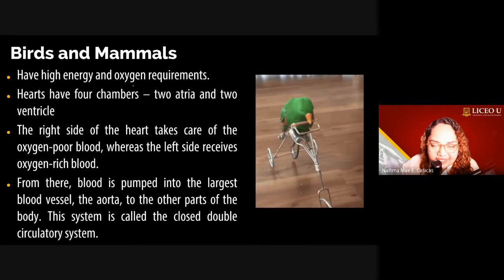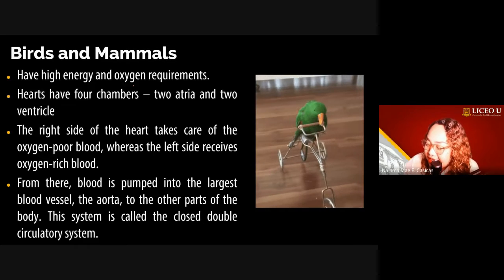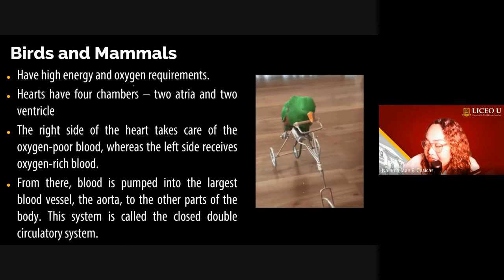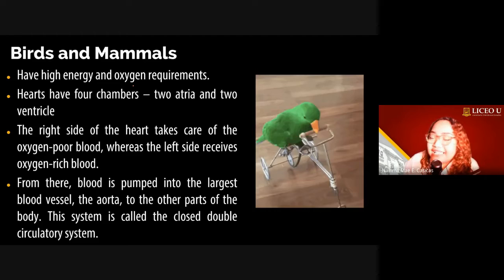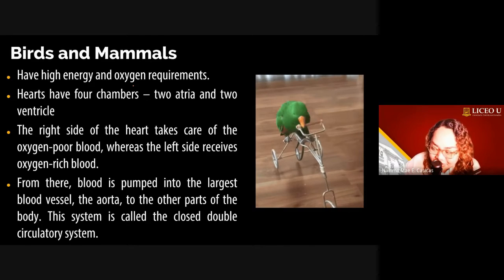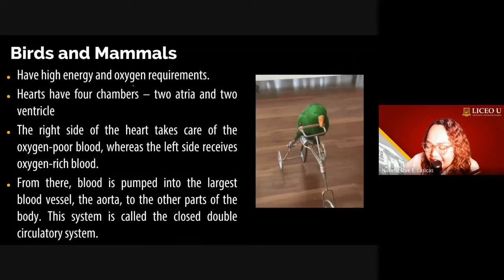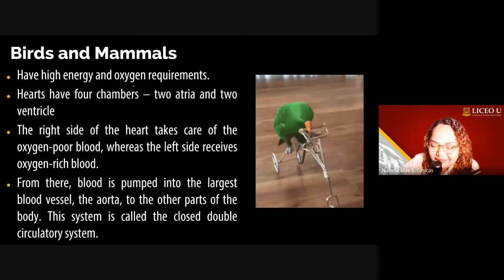After gas exchange in your lungs, the blood picks up oxygen and returns to the left side of your heart, the left atrium, and then the left ventricle. From the left ventricle, it will go out into the aorta and back into the system.